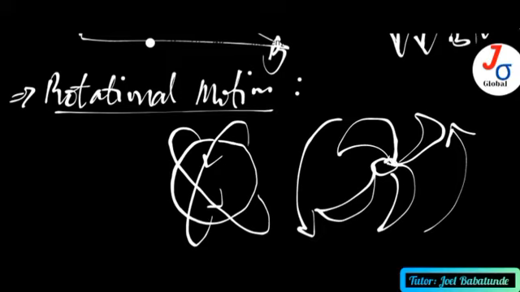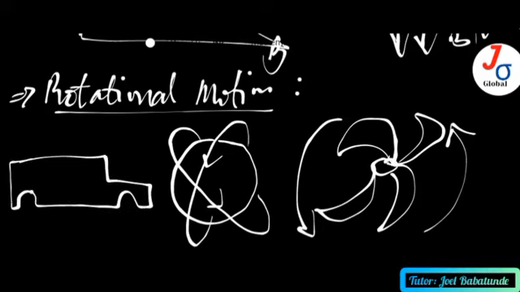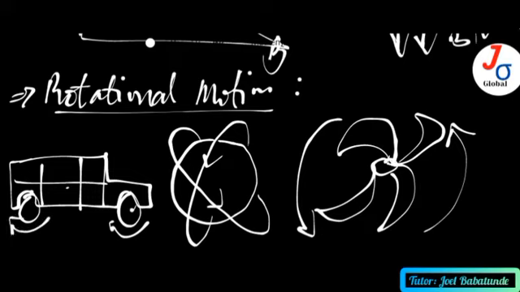Then we have the wheels of a moving car. I hope I draw this very well. Okay, so the car wheels are moving. They are rotating in that direction, and so the car moves. So these are examples of rotational motion.